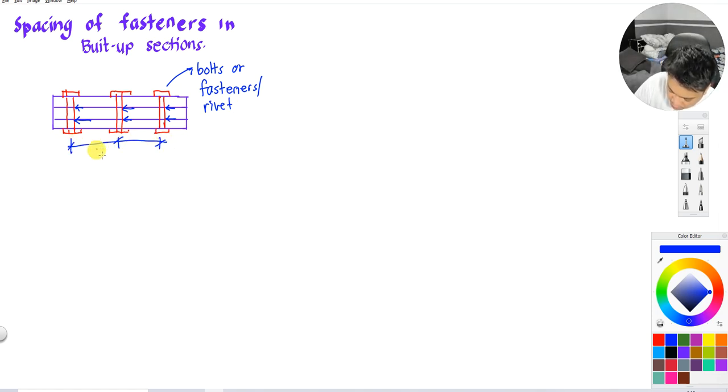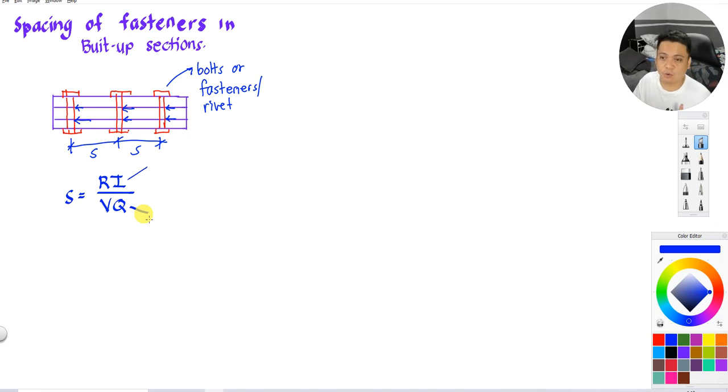Okay, so you have there the spacing. Okay, so the general formula for the spacing S would be equal to R I over V Q. Okay, so moment of inertia. Okay, statical moment of area kung saan later on kung alin yung matatanggal na area, yun yung kukunin nating moment of area niya.